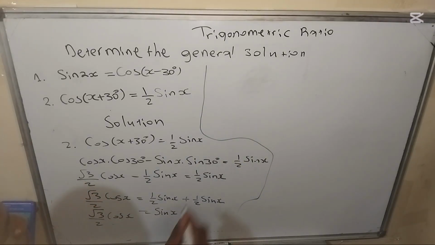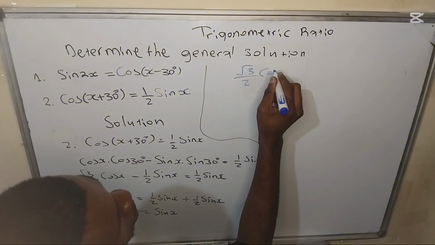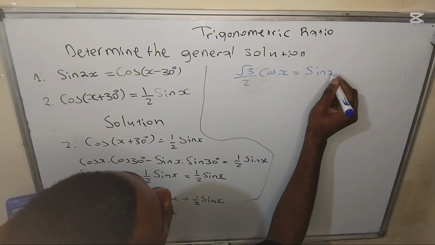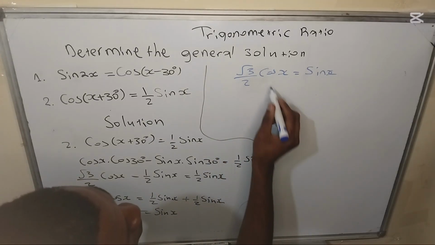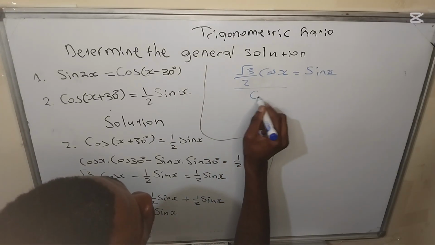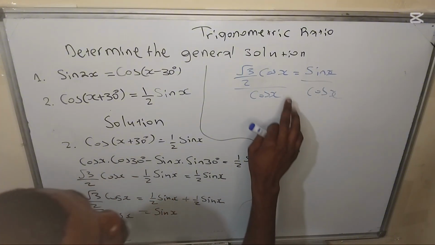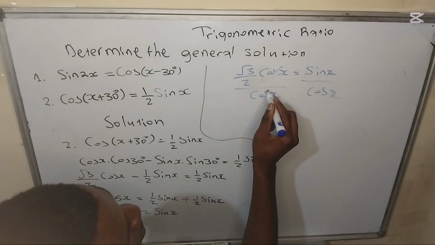We have now our equation, which is given in the form of root 3 divided by 2 cos x, which is equal to sine x. Then let's divide both sides by cos x, so that we can transform our equation into tan, because sine over cos is equal to tan. So this and this will cancel.